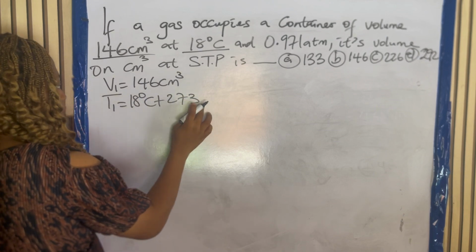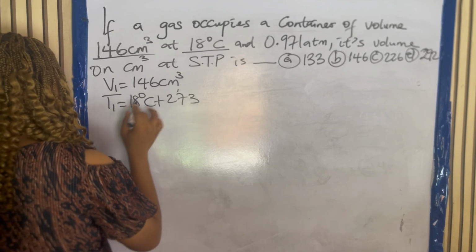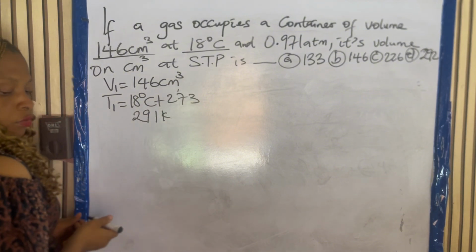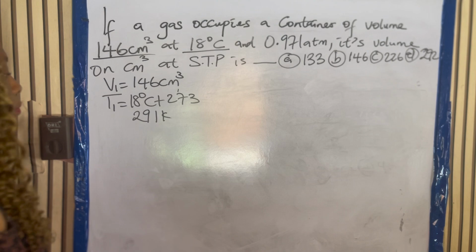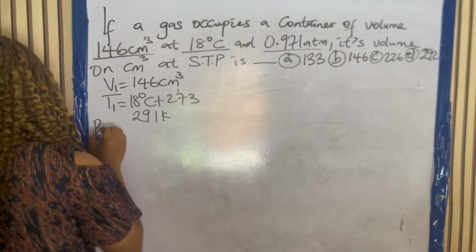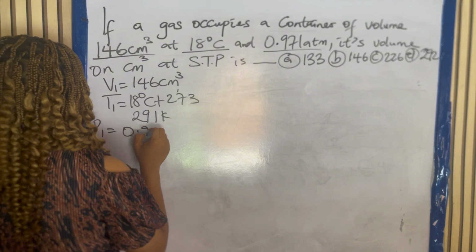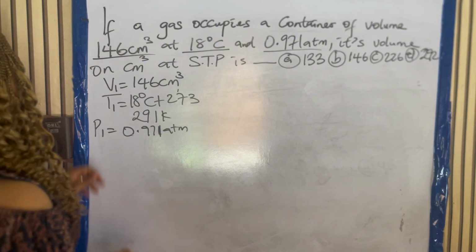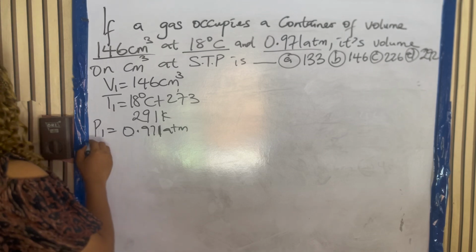Remember, we are going to convert this, this plus this, 291 Kelvin. And this atm is pressure P1, 0.971 atm. Then its volume in cm cube, we are looking for V2.